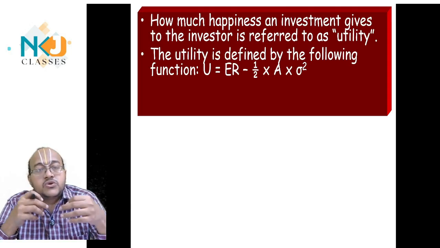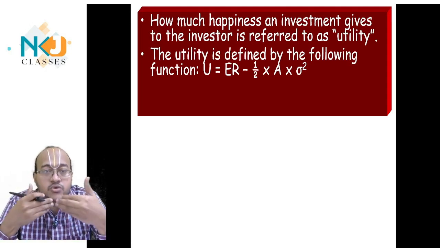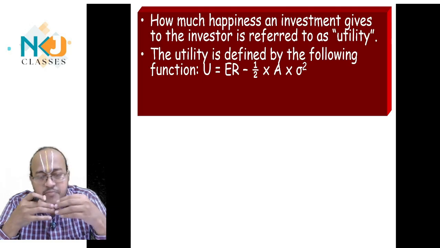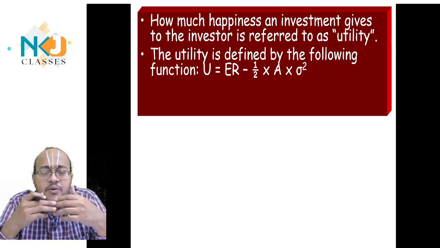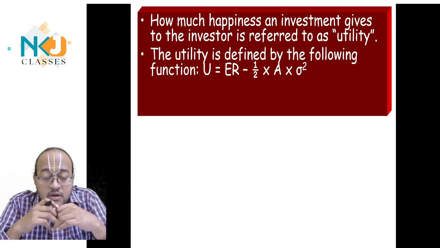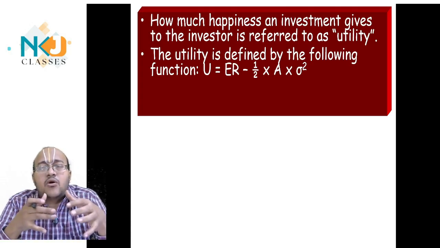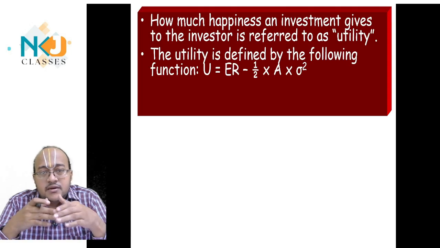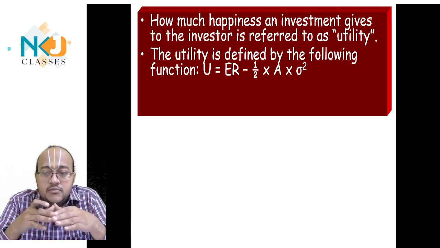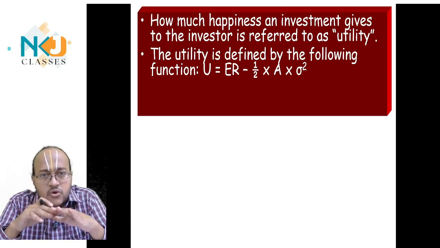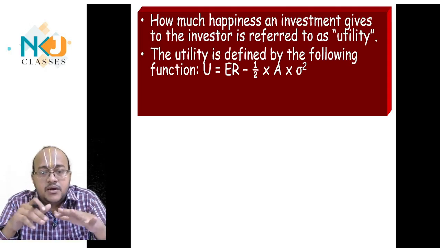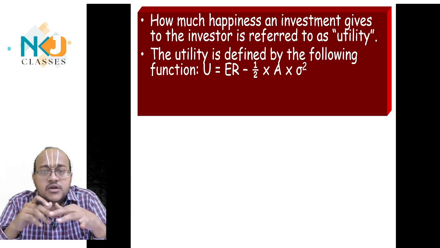You cannot individually analyze all the emotions. It will differ from person to person, and there are millions of investors around. But we need to agree on a common term, which they have proven empirically. This is economically accepted. Have you all studied the utility curve in foundation economics?